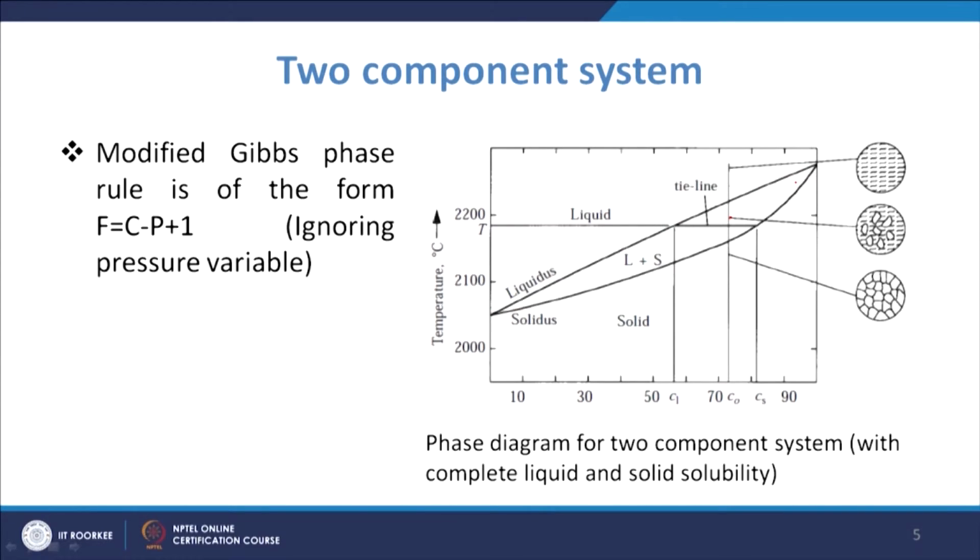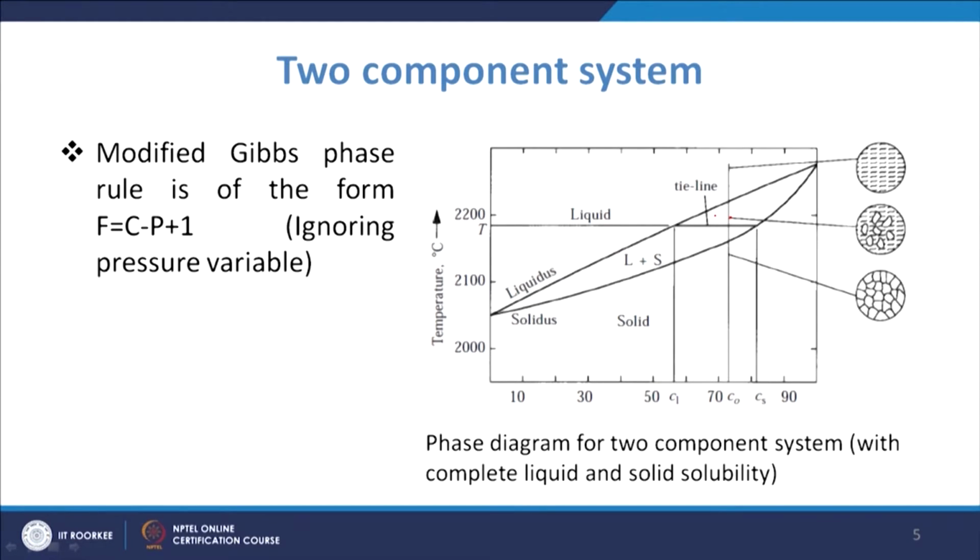Now, in this case we need to know a few things. One is, when we are coming to different points, the solid which will crystallize, what composition will this solid have, and also what will be its fractional part that is formed.